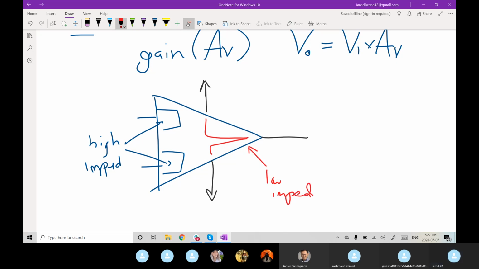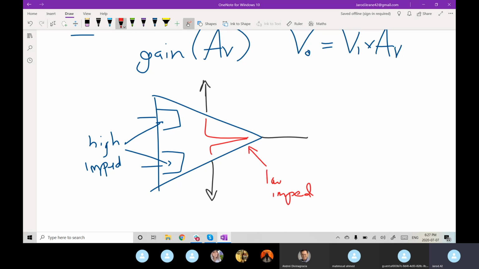That is, the output is very good at sourcing and sinking the current. And the inputs have such a high impedance that they basically don't impact the signal that's coming in.